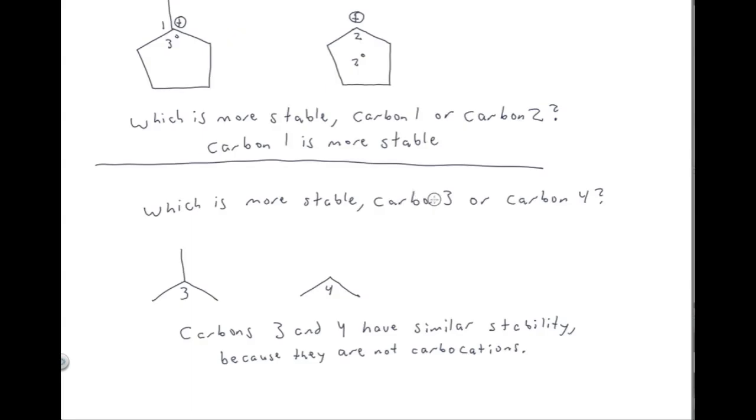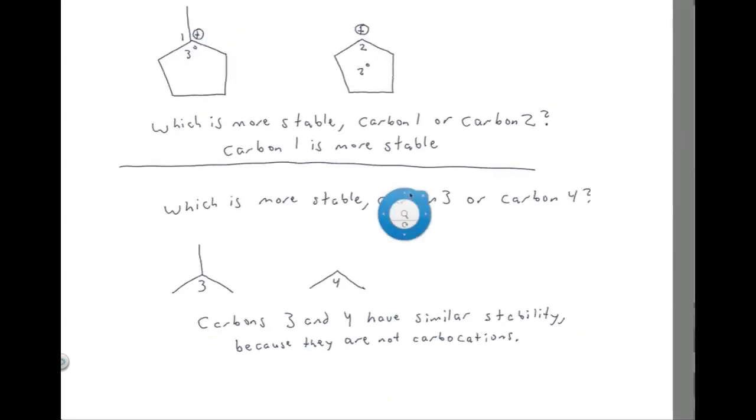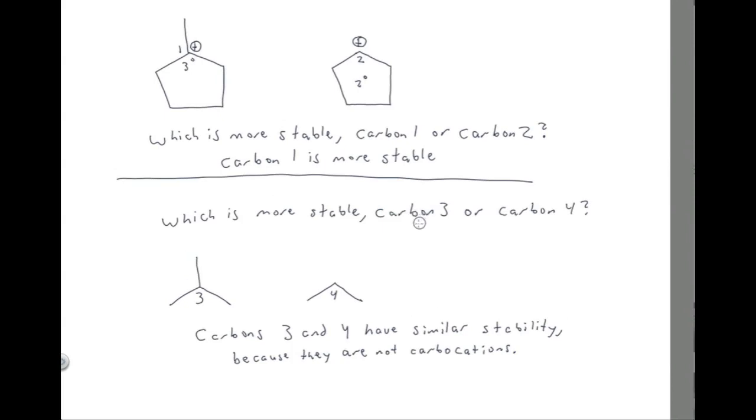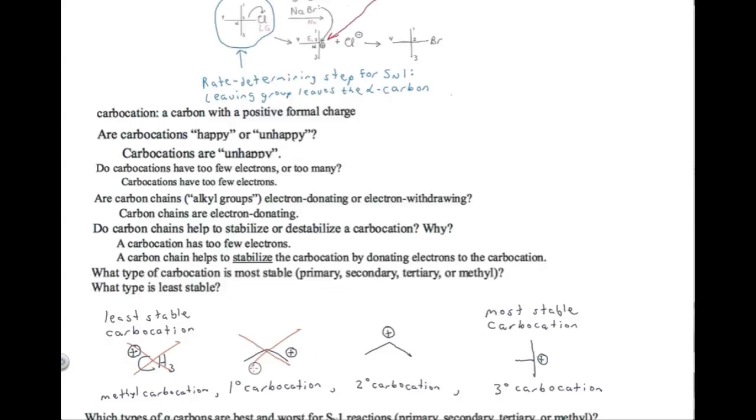So the point of this trick question is you can't just say tertiary is good and secondary is worse. We have to say that what we're talking about is for carbocations. Tertiary carbocations are better than secondary carbocations. But when there's no formal charge, there's no large difference in stability.